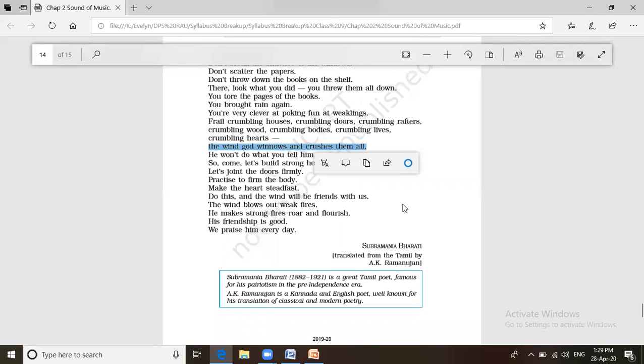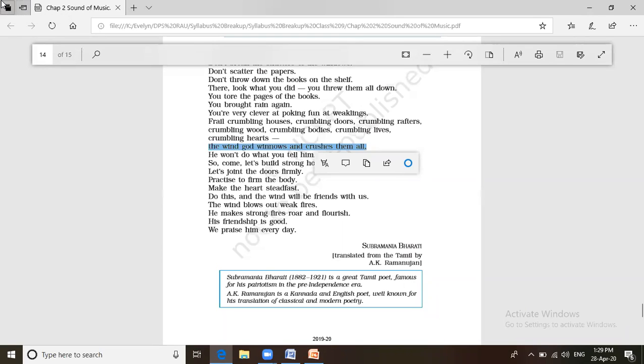Okay. The wind god winnows and crushes them all. So in this line, the poet is addressing the wind as wind god, and he's saying that the powerful god of wind winnows, means he sifts all the people, and those people who are weak fall down and get crushed, as you said.